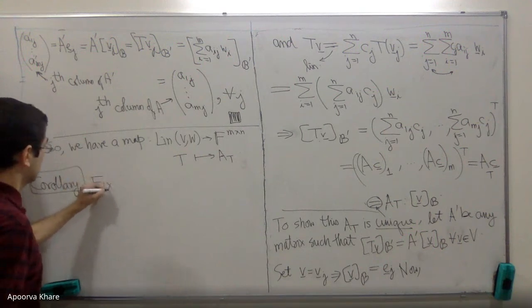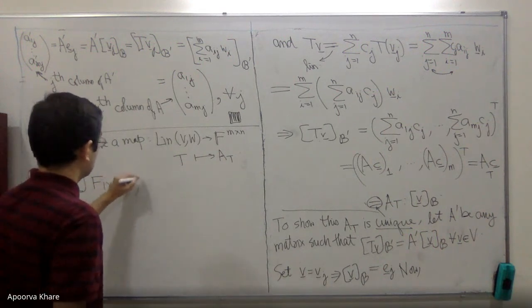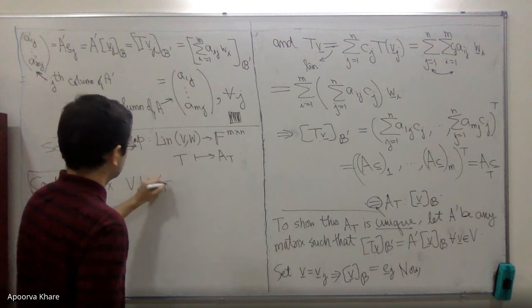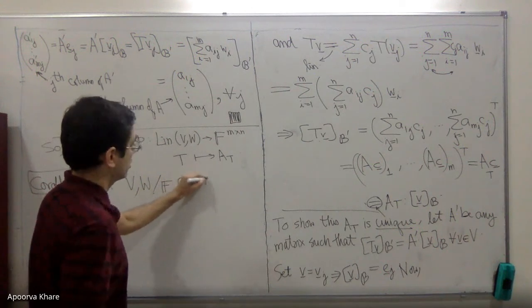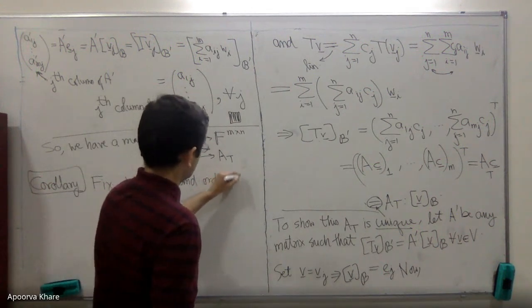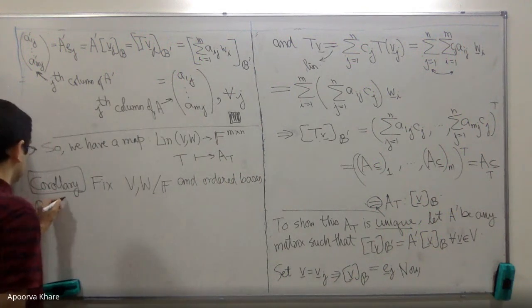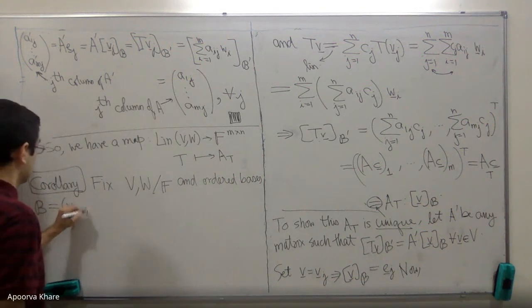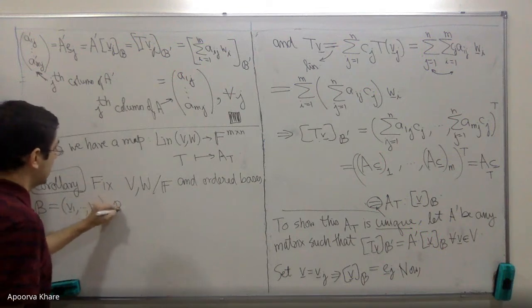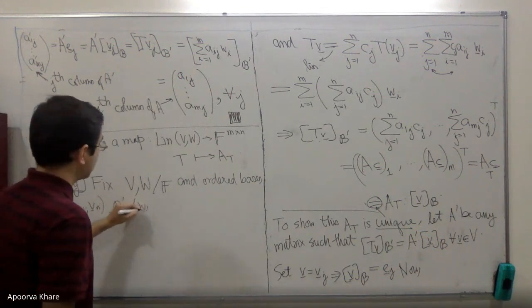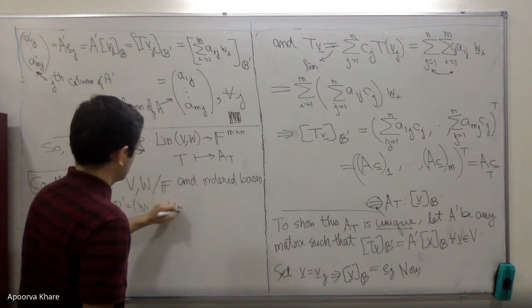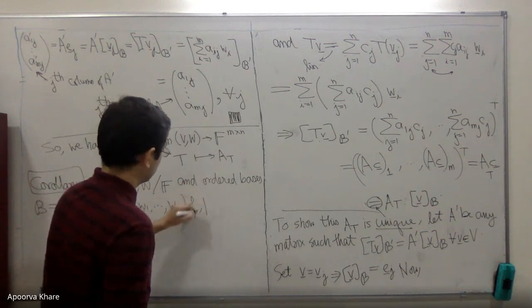Fix V and W over F and ordered bases B, whatever, B1, B2, Bn, and B prime, W1, W2, Wm, of V and W respectively.